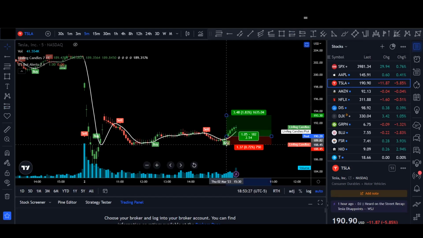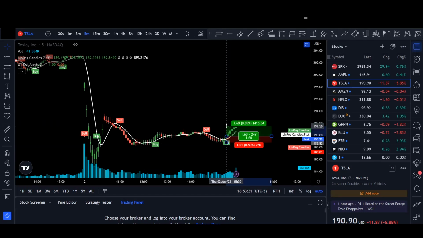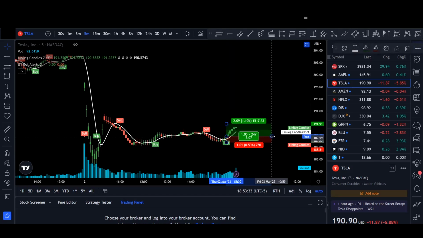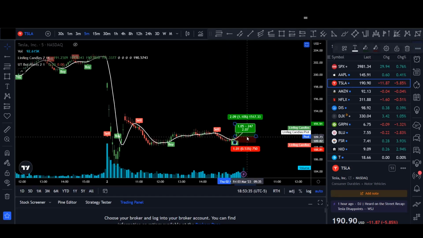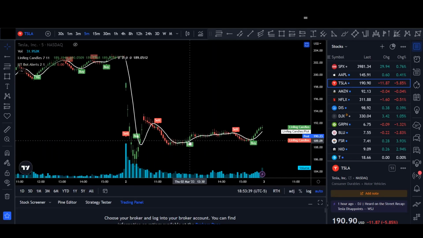And what we would be waiting for is the next red candle to come in. It hasn't closed yet, right? So we would just be letting this ride for a little bit. This would have been a buy. However, it might not have been the greatest percentages.